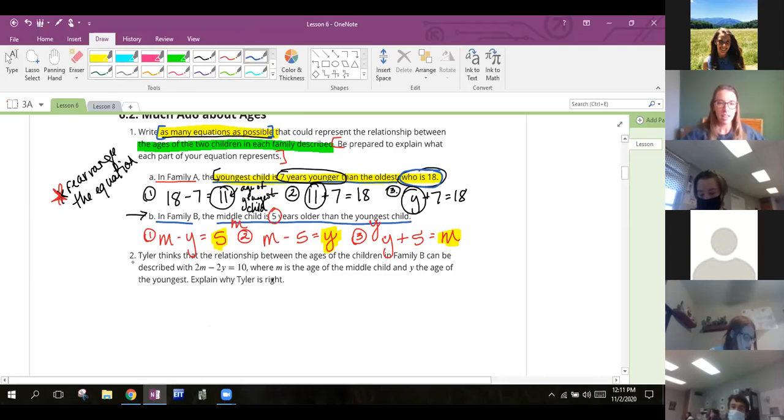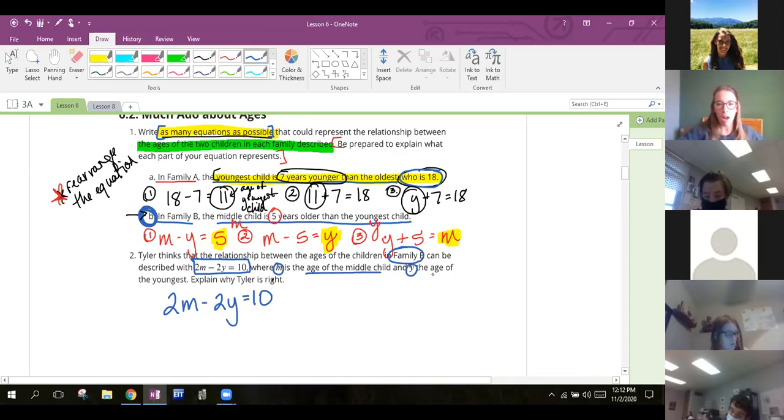It says, Tyler thinks that the relationship between the ages of the children in family B, so we're looking at this family right here, the one we just did, can be described using this equation: 2M minus 2Y equals 10, where M is the age of the middle child and Y is the age of the youngest, just like we said earlier.